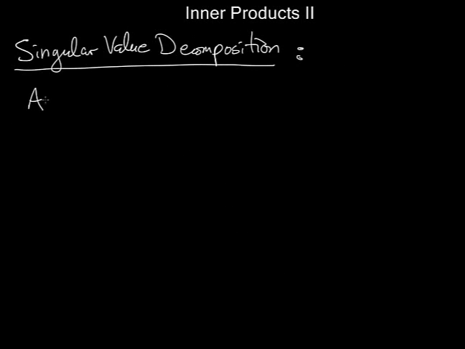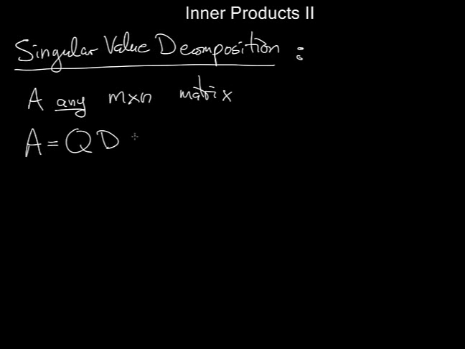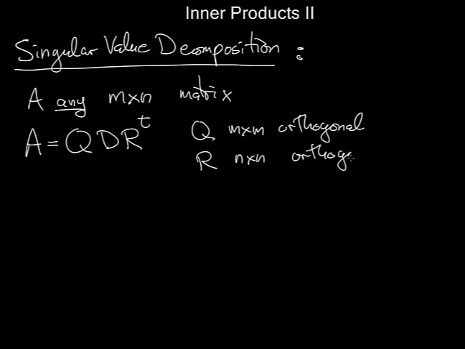And so here's the result, the singular value decomposition. The statement is the following. Suppose A is any M by N matrix. Then you can write A in the form QD R transpose, where Q is M by M orthogonal, R is N by N orthogonal, and D is M by N diagonal.